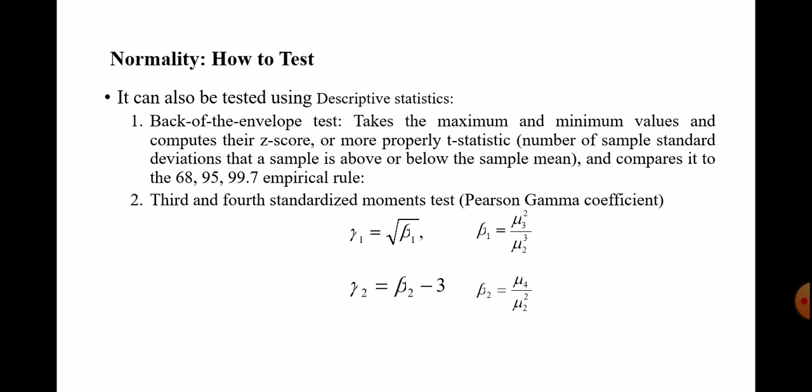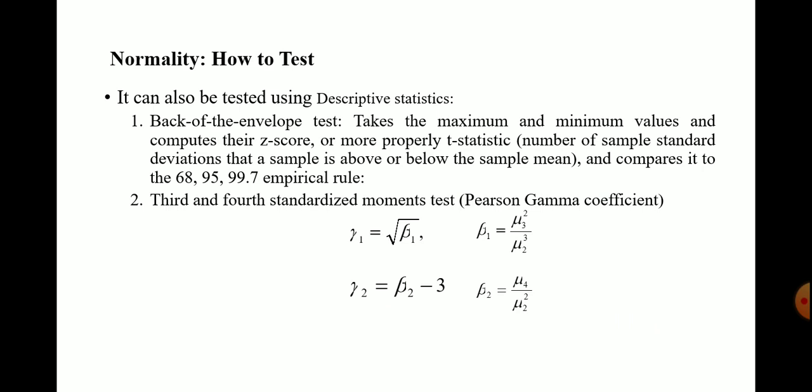Mean plus or minus 2 standard deviations will cover 95% of the total area under the normal curve, and mean plus or minus 3 standard deviations will cover almost 99.7% of the total area. So using this criteria, you can compare with your z-scores and arrive at a decision.